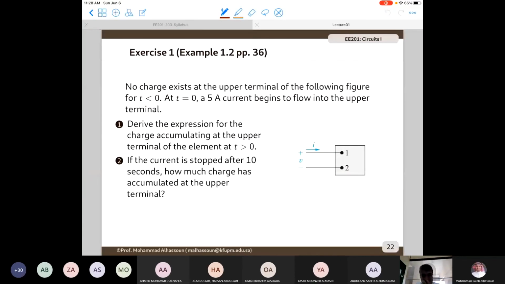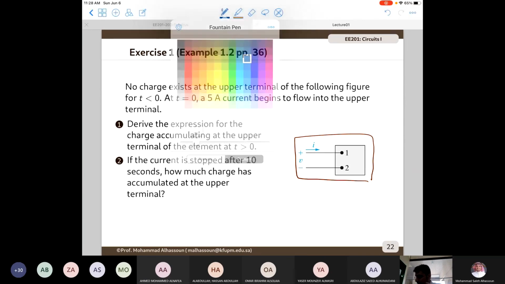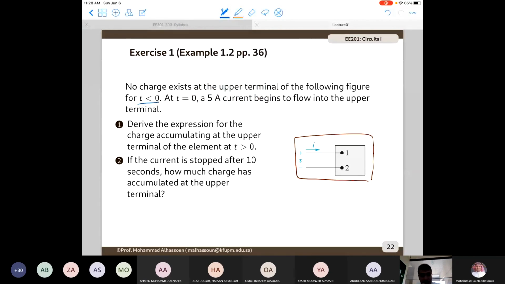So let's take an example here. We have the following situation. We have the following figure, and in this figure we have a current. First of all, we have no charge for t less than 0.